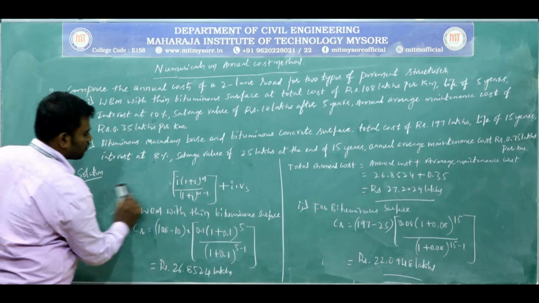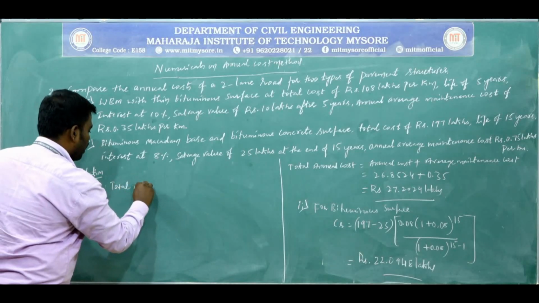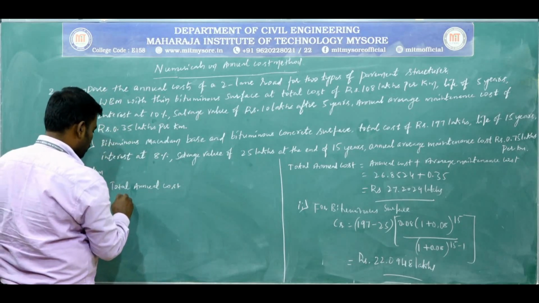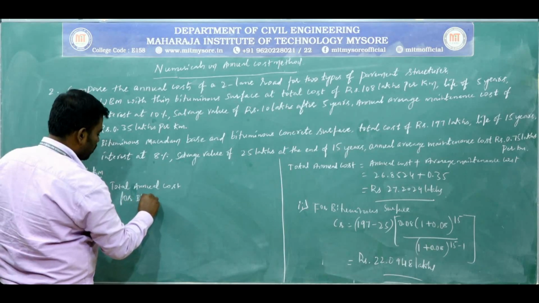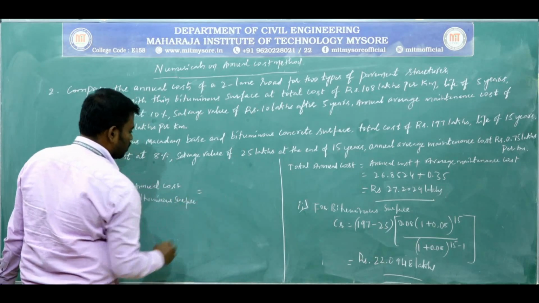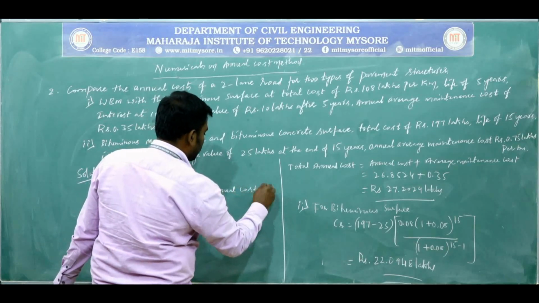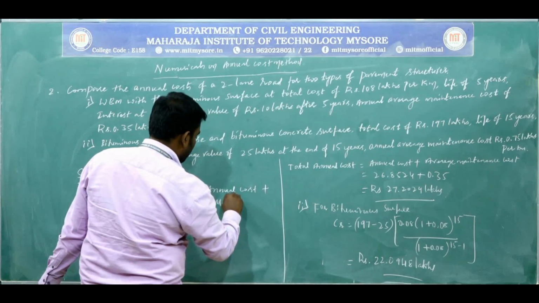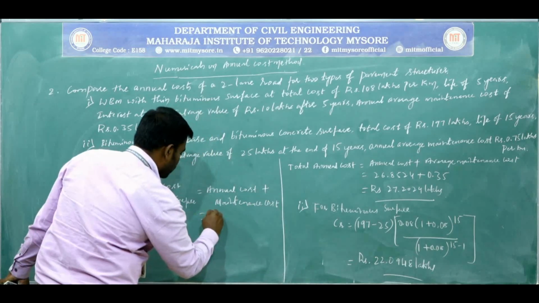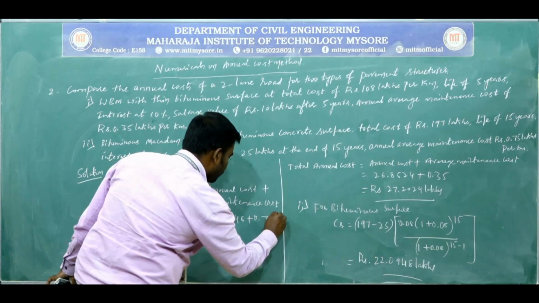Next, total annual cost for bituminous surface is equal to what? Annual cost plus maintenance cost, that is 22.0948 plus 0.75.